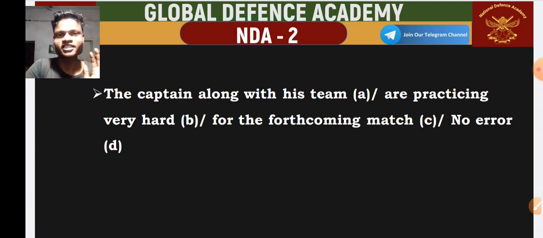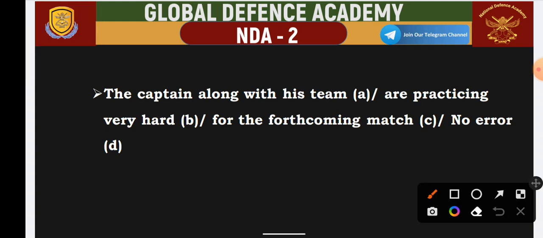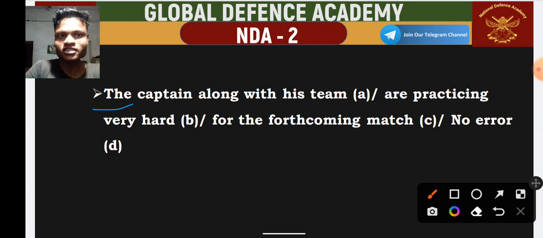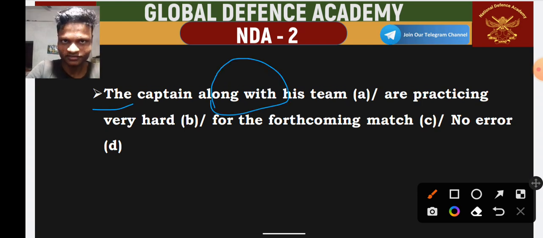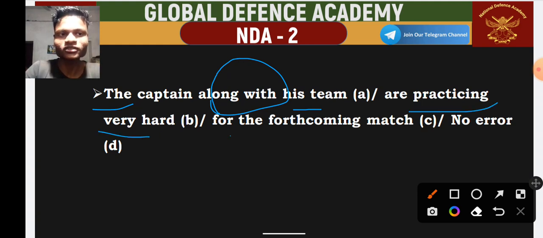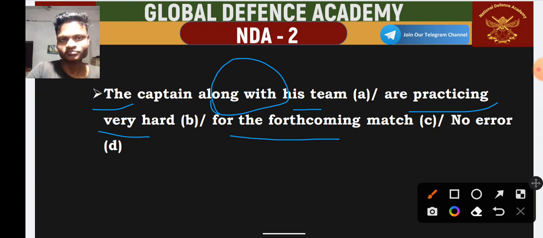Let me read it. The captain along with Mark, his team are practicing very hard for the forthcoming match. Here the verb is "are".